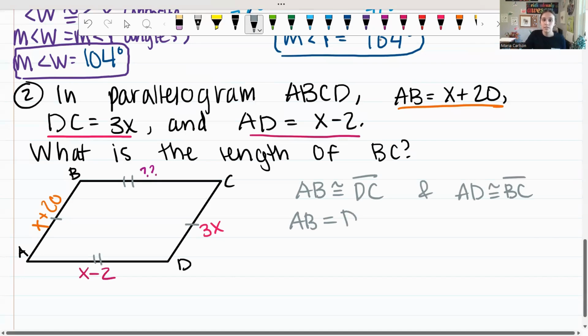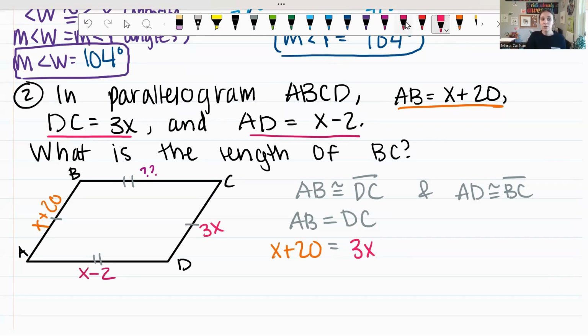AB is x plus 20, and DC is 3x. AD, I know is x minus 2, but if I can figure out then what x is, I could substitute it in for AD and then maybe figure out what BC is.